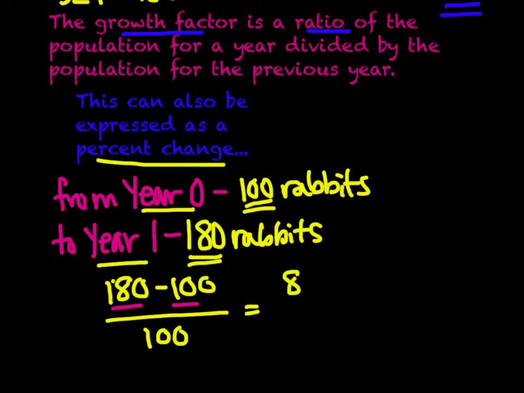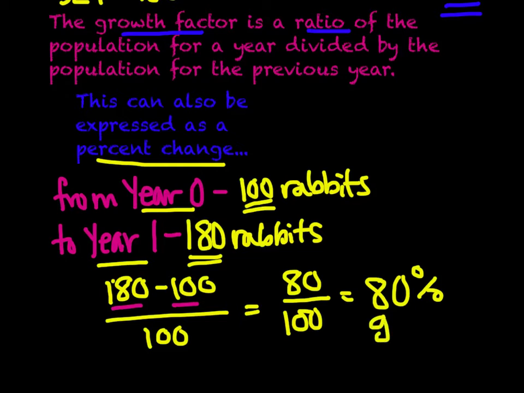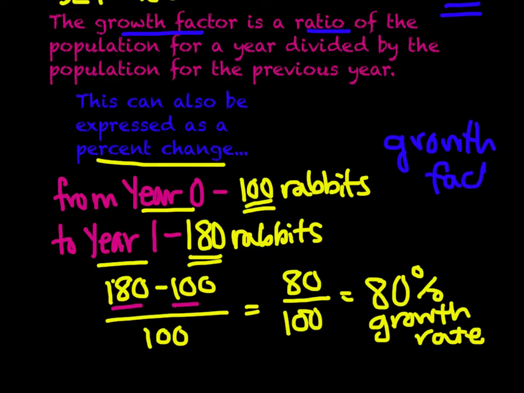The difference is, in this case, 80. We're still going to be dividing that by 100, and we'd end up with 80% for our growth rate. And if you remember, our growth factor for this same situation is 1.8.